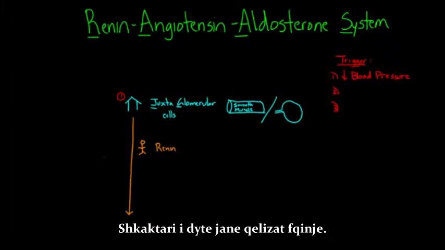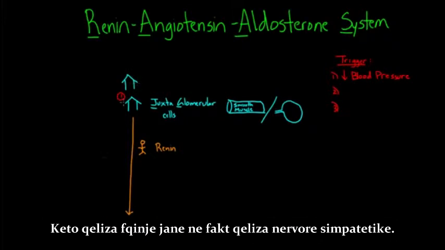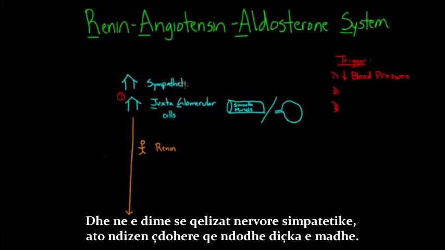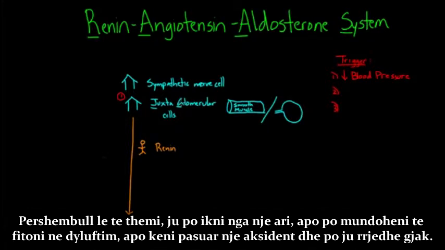So the second trigger is a neighboring cell. This neighboring cell is actually a sympathetic nerve cell. And we know that sympathetic nerve cells fire whenever something big is going on. So for example, let's say you're running away from a bear, or you're trying to win a fight, or you're in a car accident and you're bleeding.